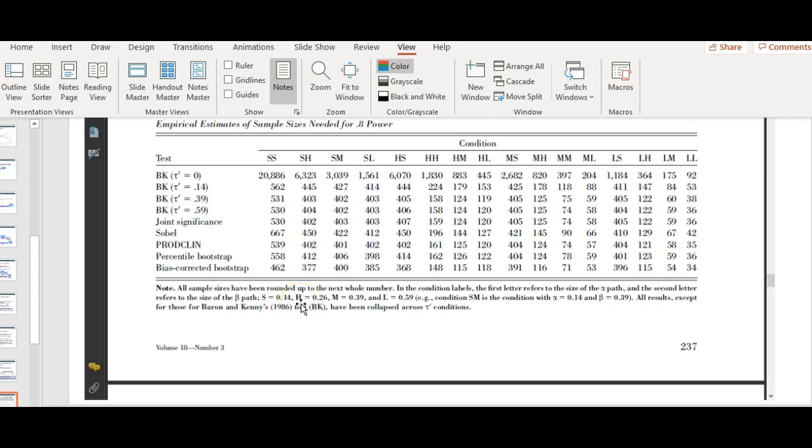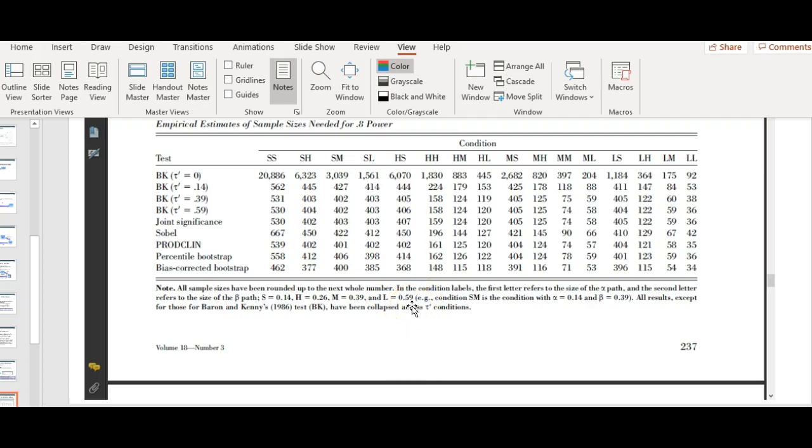The H, I think, is like one step up from low, actually. So I forgot what the article said the H stood for, but it's fine. Don't worry about that part. Just know that 0.26 is the beta that's represented by H. And then M is 0.39, and then L is large effect at 0.59.